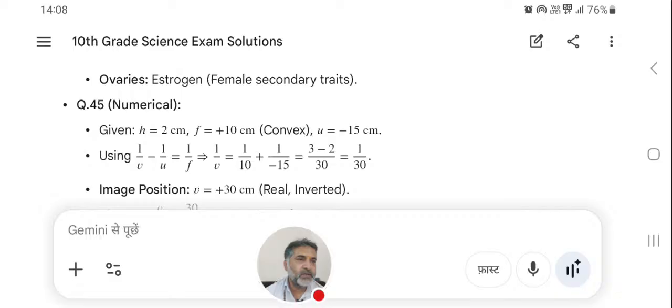Give an example. Unisexual flowers, for example papaya.